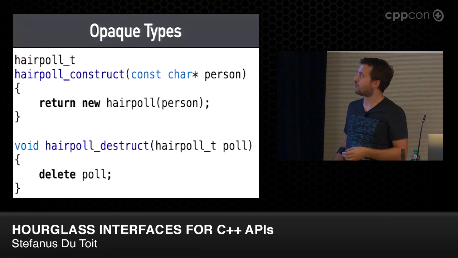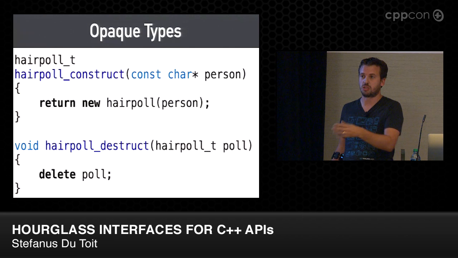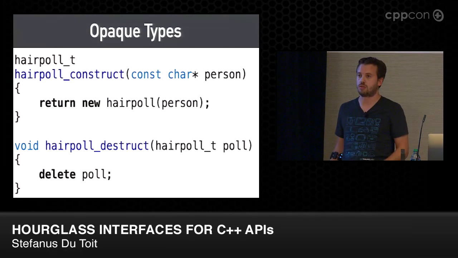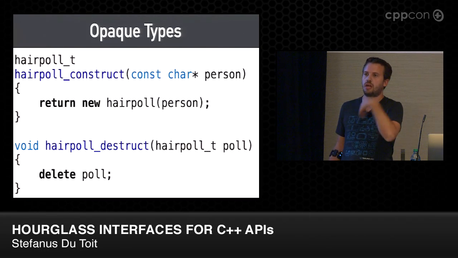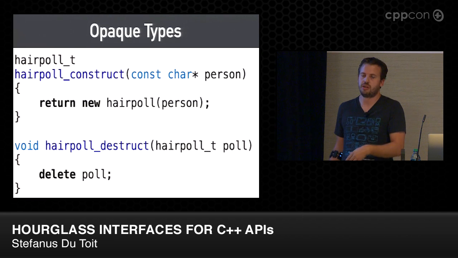But for this simple case, we can just allocate the thing and return a pointer to it, and when we go to destruct it, we delete it. What we've done is encapsulate how this class gets allocated and constructed. The client side doesn't know anything about this. This could be just bumping a shared pointer in the destruct, for example. That would be totally fine.